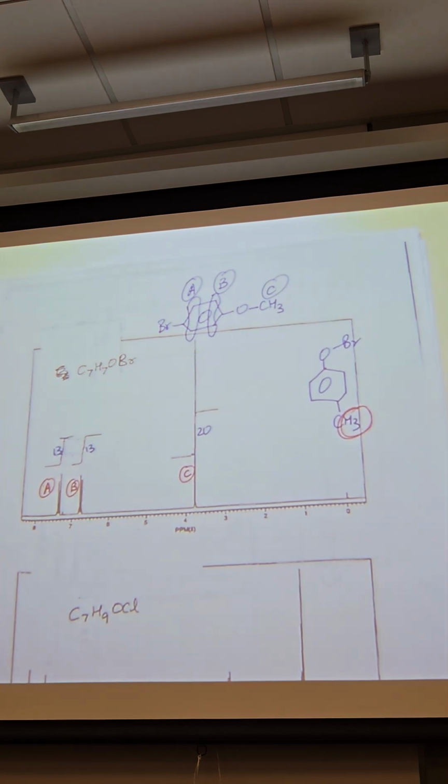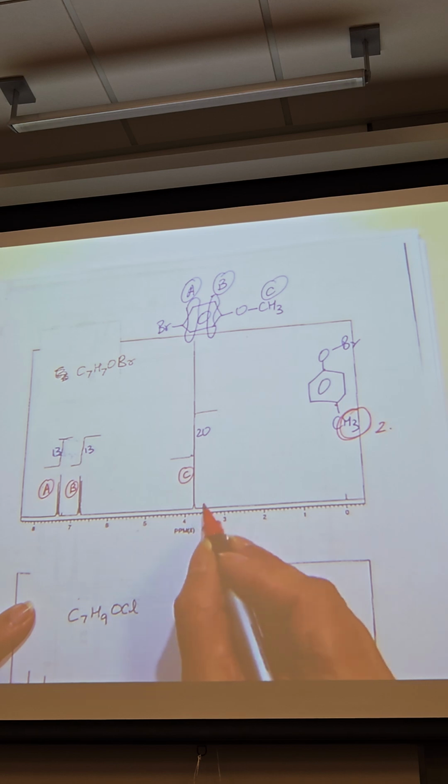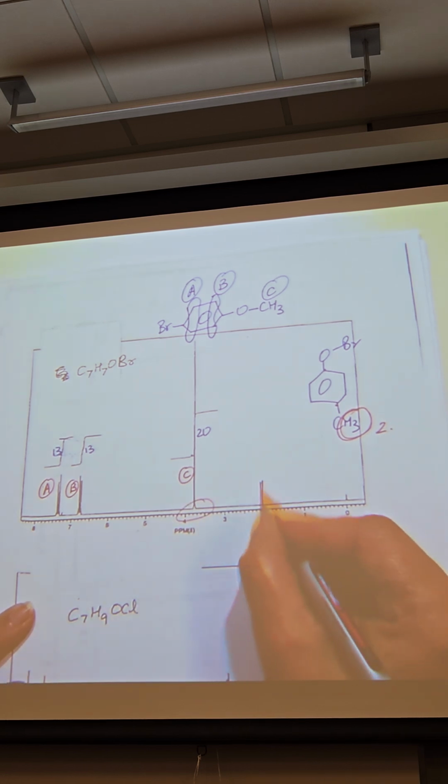Where would we expect that signal to show up if it's attached to a benzene ring? About 2. We are not seeing that. That's true. It should have been here somewhere.